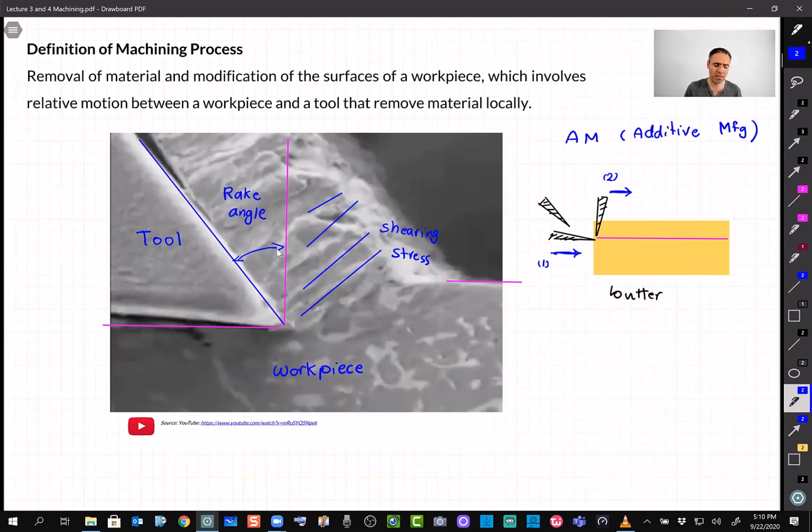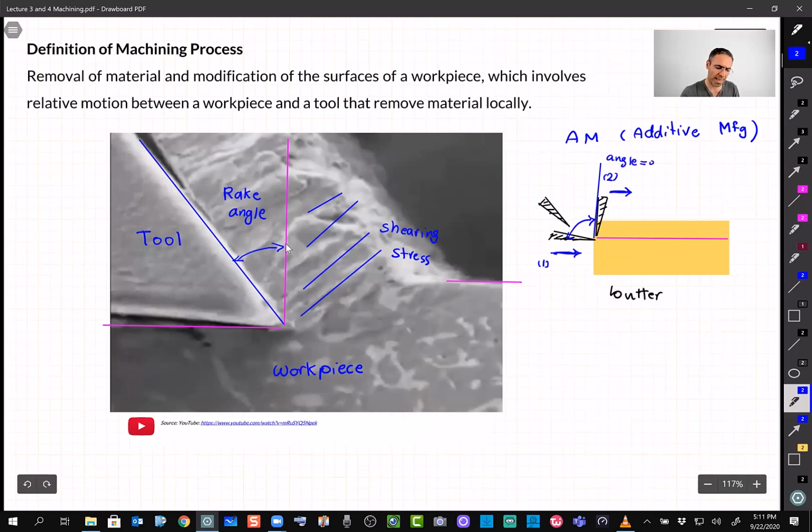As a matter of fact, the angle we talked about, the rake angle, we can identify like this angle. In the picture I see here, the rake angle for this one is 0.